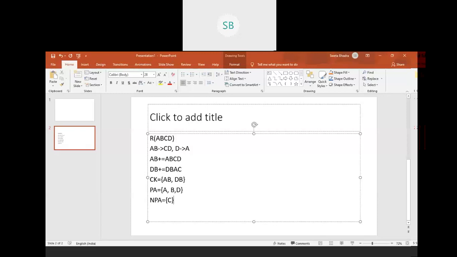Now, once you get this, to check for transitive dependencies, always remember you have to check one condition. Let me write it for you.